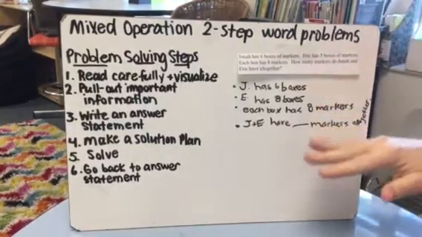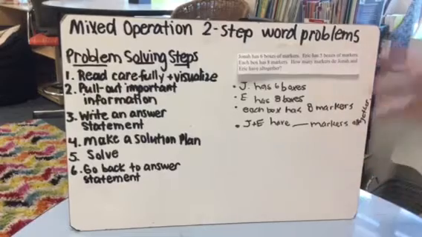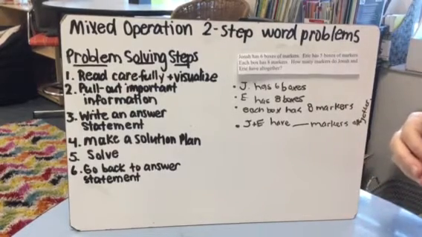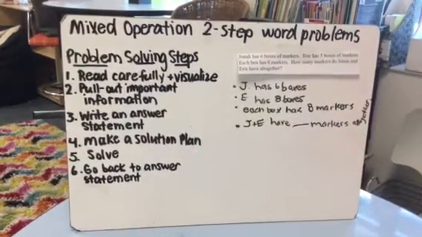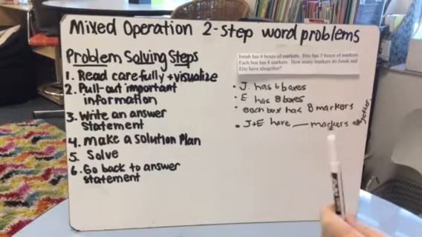Now that I have pulled out my information, I've read it a couple times, hopefully I have started to think about what operations will help me solve it. And so I'm on step 4, where I'm making a solution plan. And it's really okay for students to be talking it out loud if they want to, or having a little conversation in their head about what to do about this.